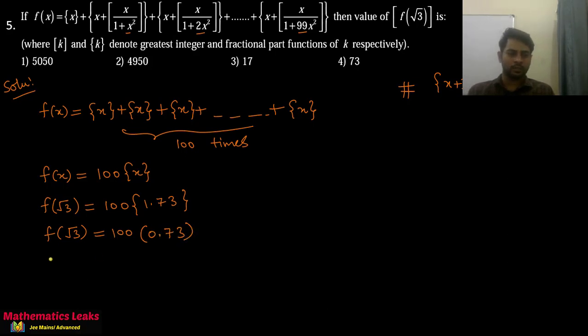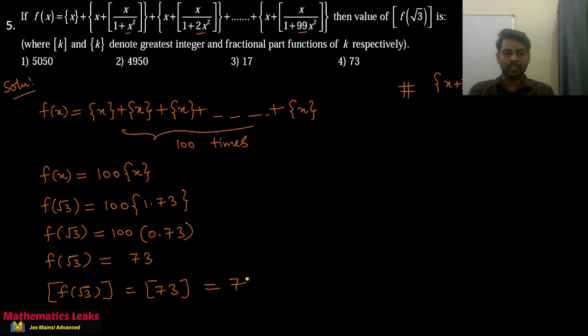On doing the product of this we will get f of root 3 equal to 73. Now 73 is the value of f of root 3. So when we observe the greatest integer of f of root 3, it is equal to greatest integer of 73, which is nothing but 73 only. So here the answer will be 4. Fourth option is correct.